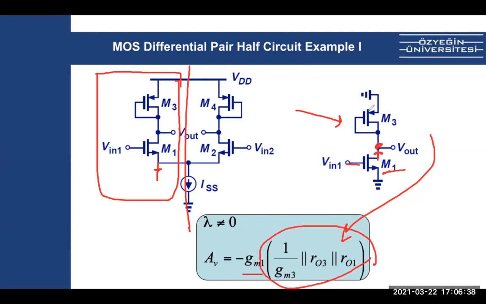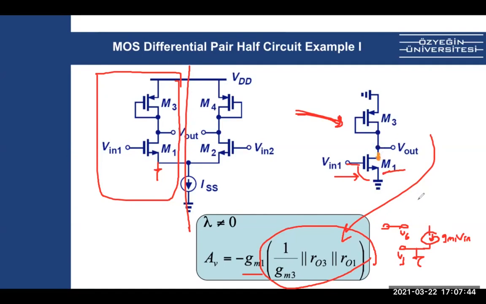If you don't understand how, you can again draw the small signal. Basically, we have an input. Input goes to M1. This is the VGS, this is the source. So it creates this current, GM1 times V in 1. V in 1 is VGS, right? So this is VG, this is VS. So this becomes GM1 V in 1, and this current is exactly this current, AC-wise, flowing right here.